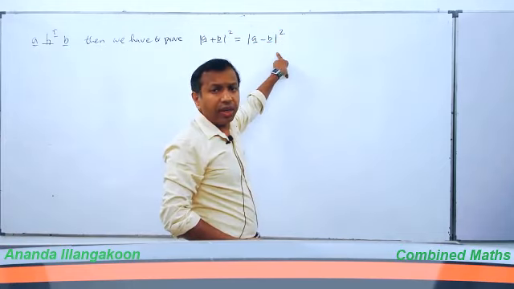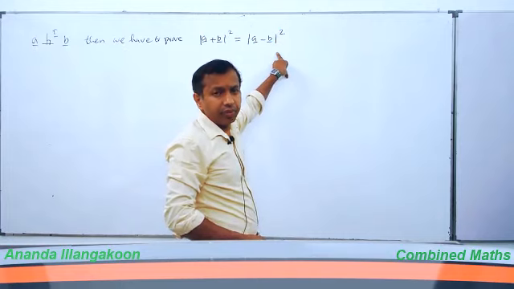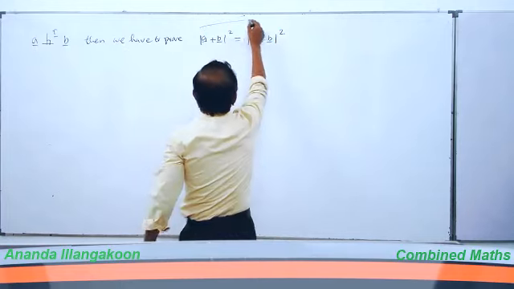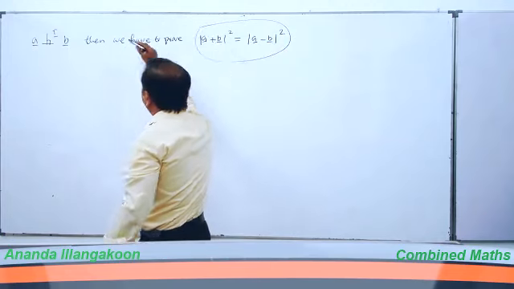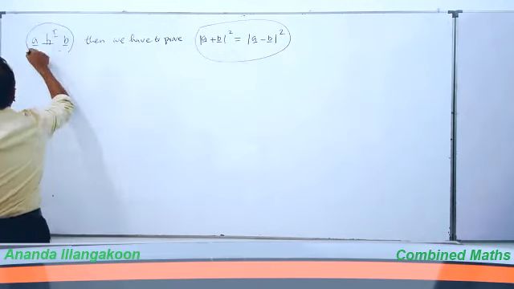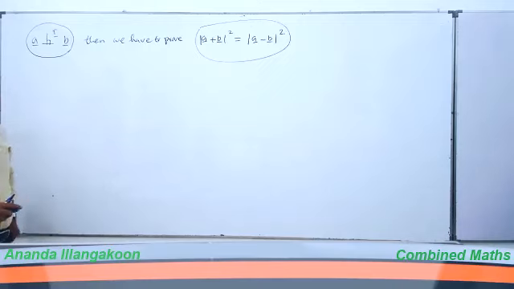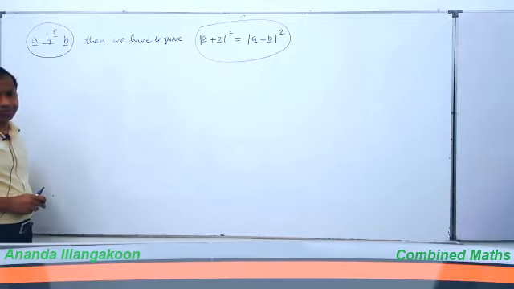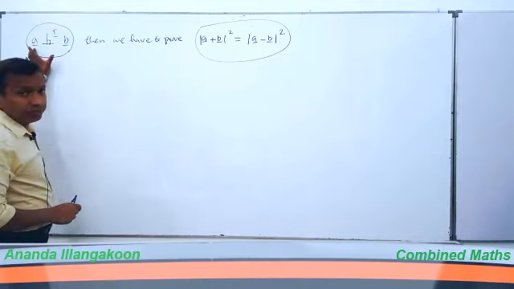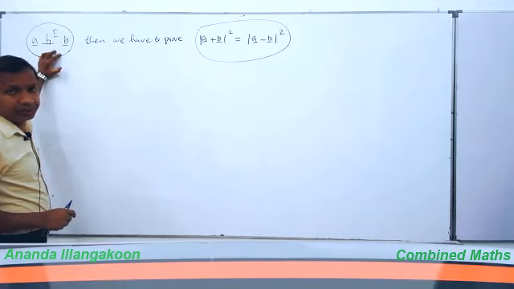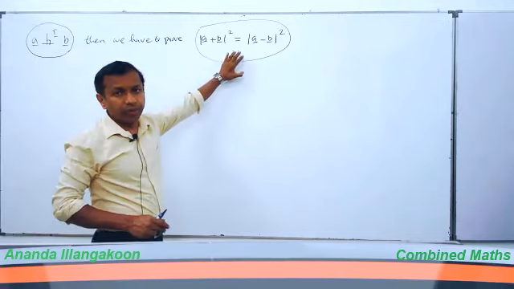But I am going to prove it the other way. Taking these two as equal, I am going to prove vector A is perpendicular to vector B. That's what I am supposed to prove. Understand? That's correct. A and B are perpendicular vectors, then we have to prove this.